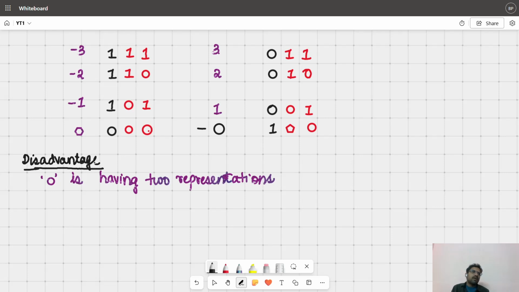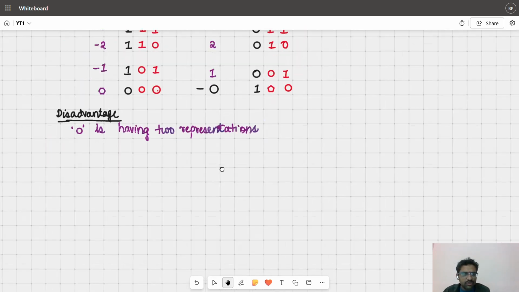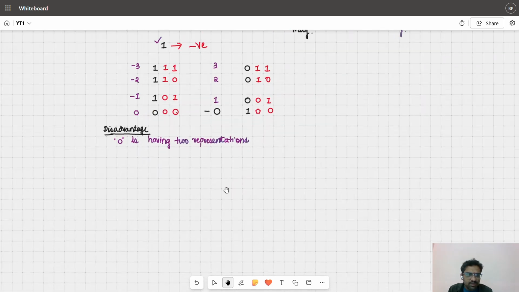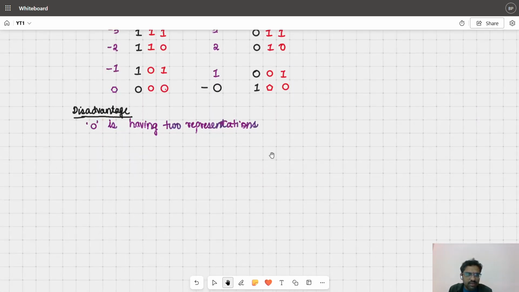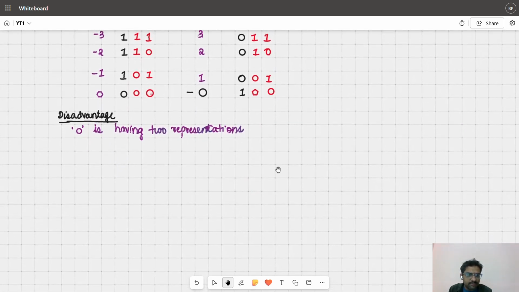In some previous GATE questions, they have been asking about the range. As that comes under the same topic, let us complete that concept too. What is the range of numbers which you can represent using 3 bits?